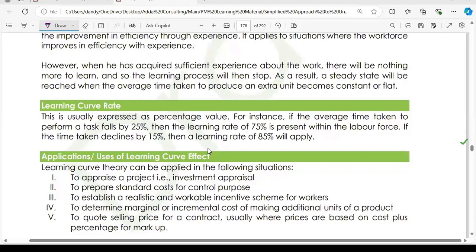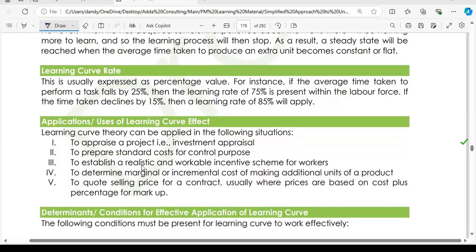If you are told that the average time taken to perform a task will fall by 20%, it means that you are supposed to apply 80% to perform the task. All right, on and on like that. So the learning curve rate is the percentage that will be applied to labor force.